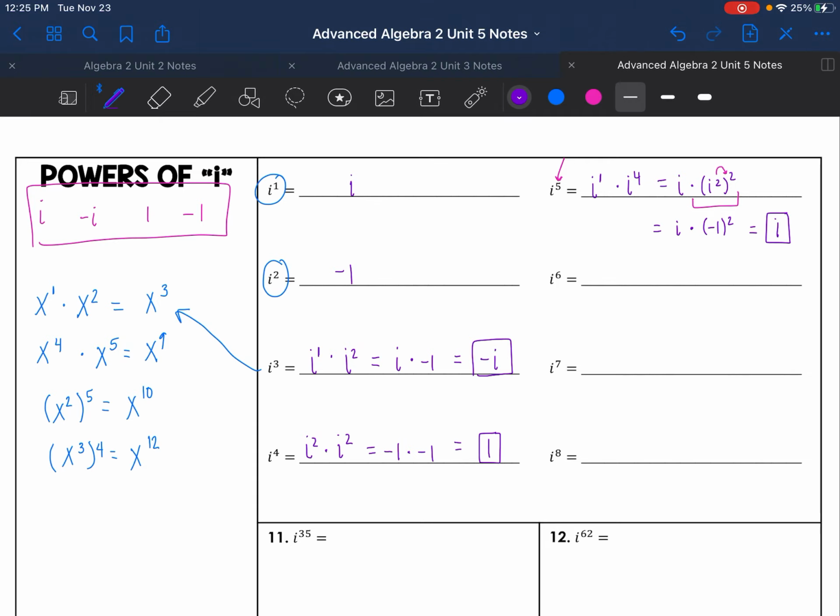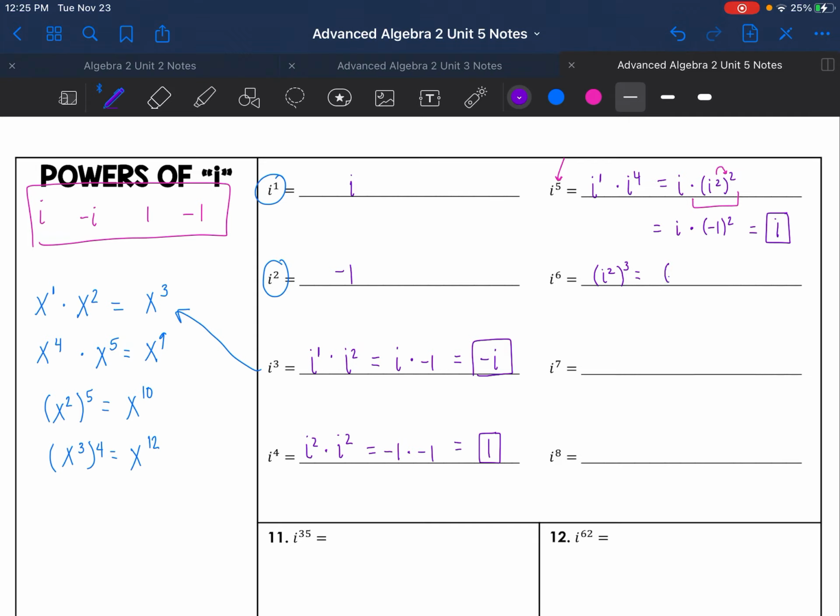All right, i to the 6th. What if I write this? Is that i to the 6th? It is, because our exponent rules tell us that we would multiply the 2 and the 3. Do you know what i squared is?